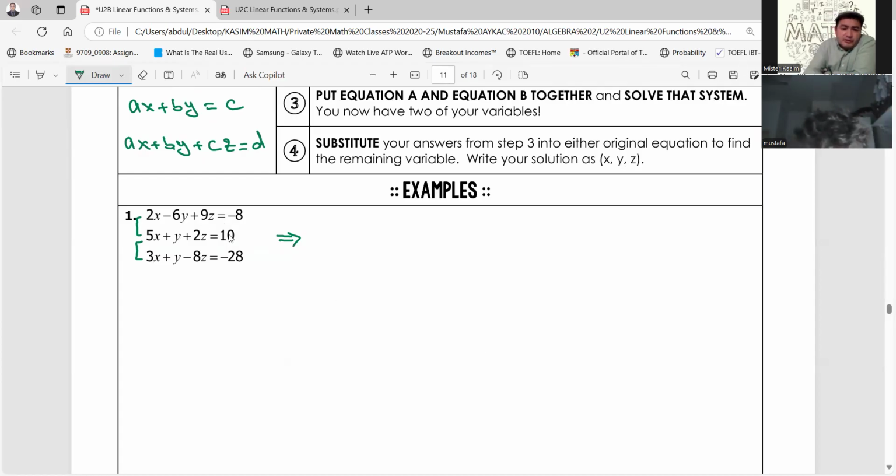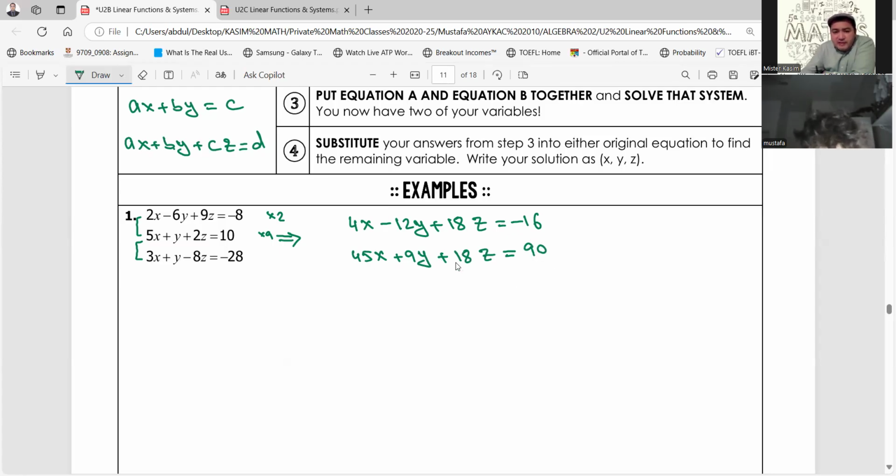Using the first one, how can I eliminate z? I have here 9z and here we have 2z, right? So I multiply the first one by 2, the second one by 9. The first equation becomes 4x - 12y + 18z = -16. The second equation multiplied by 9 is 45x + 9y + 18z = 9 times 10, which is 90.